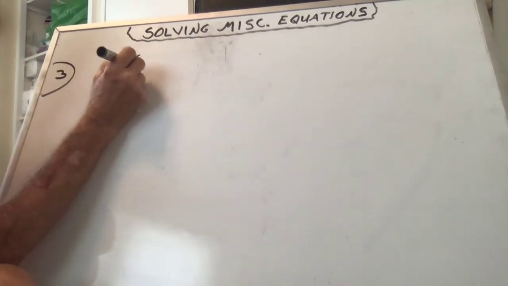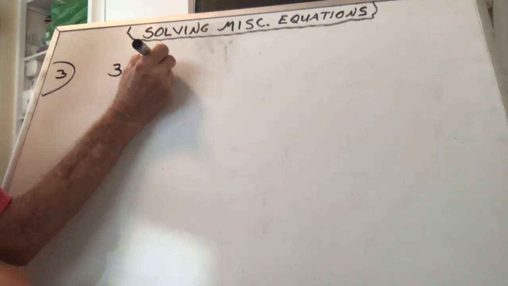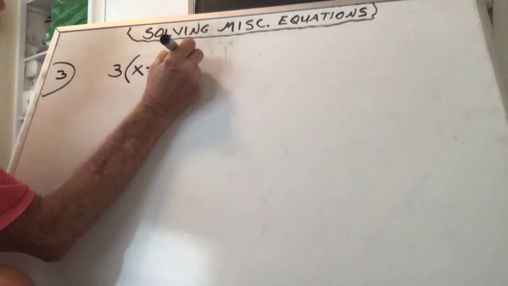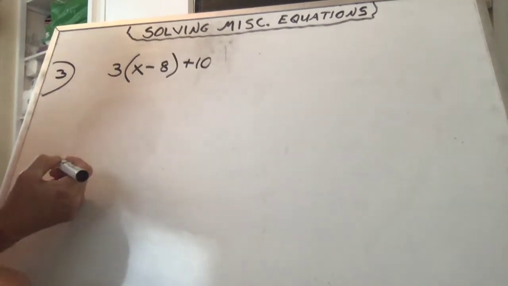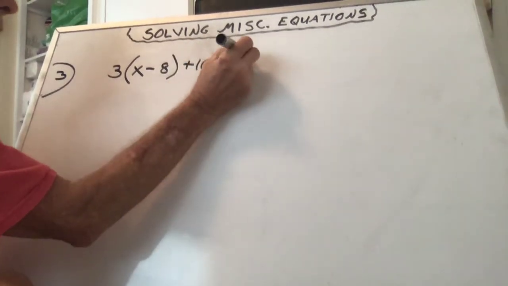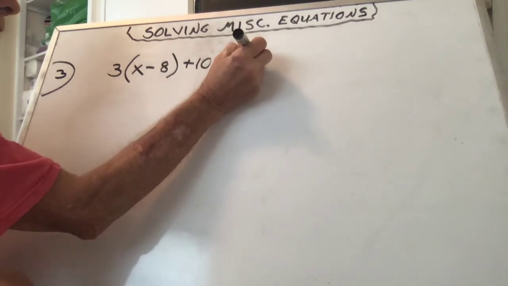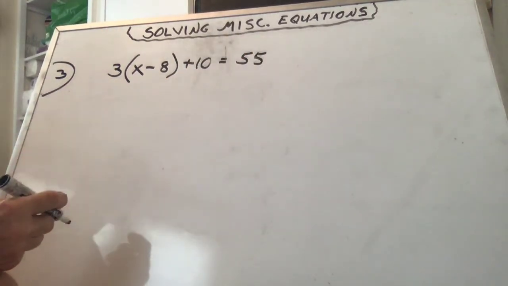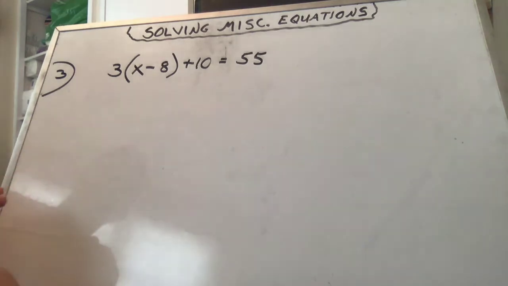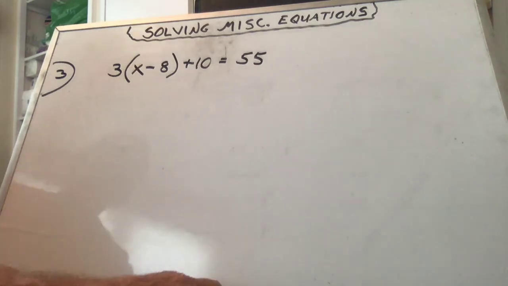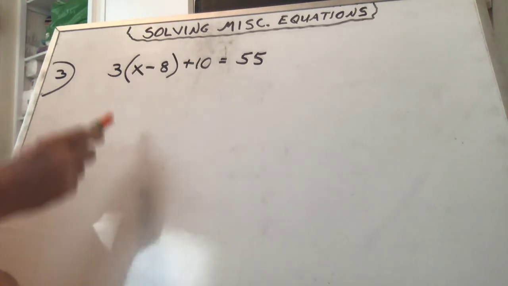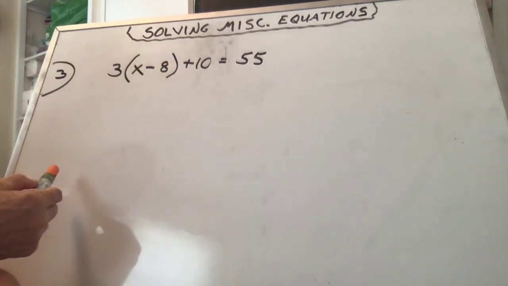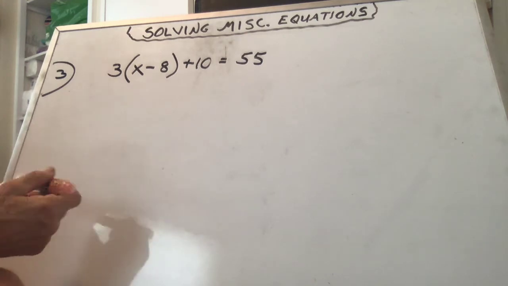3x minus 8 plus 10 equals 55. Okay. So it's an interesting problem. So you have two ways to do it. One is you can use your distributive property. That's no problem whatsoever.